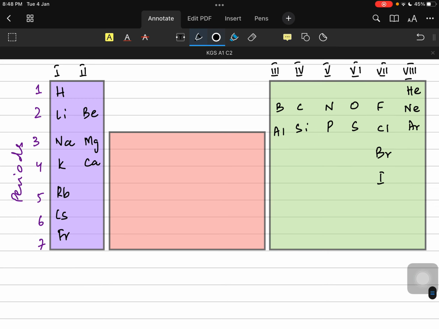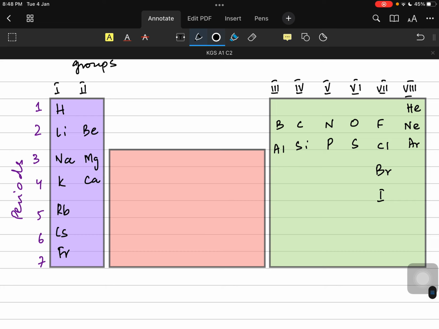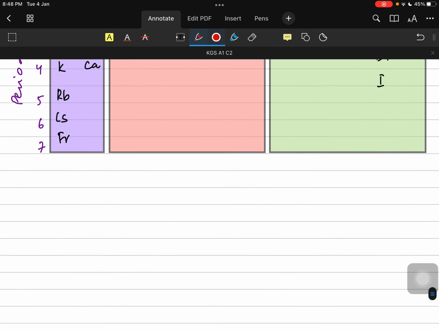What we know about them is that the group number and the period number are very much connected with the atomic structure. How is it connected? When we say group number, the group number tells us the number of electrons within the valence shell.